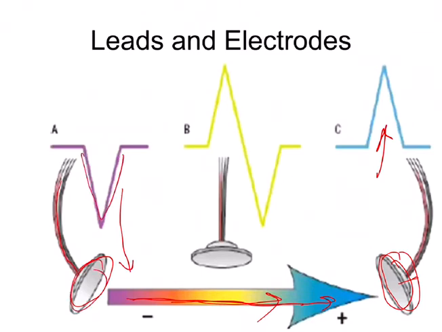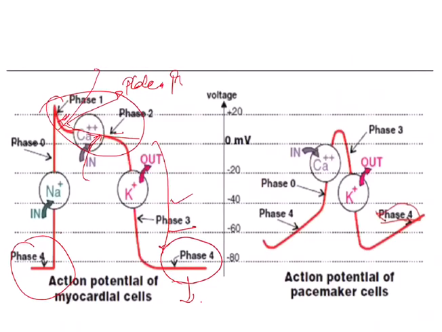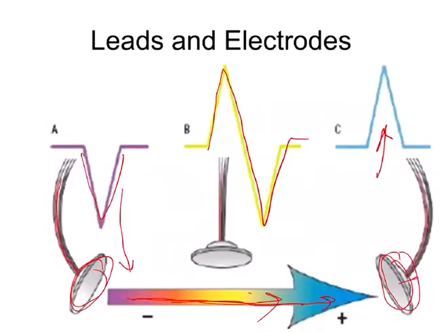And if any lead is placed perpendicular to the direction of the vector, we get first a positive deflection, then a negative deflection. Why first positive? Because initially the positive was here, now it is moving away. Because of the positive we got a positive deflection; when it moves away, we got a negative deflection.